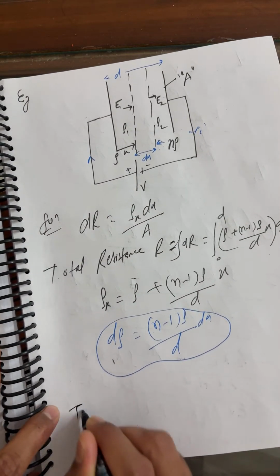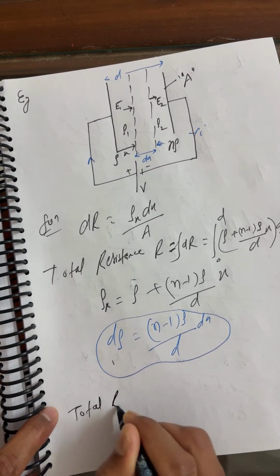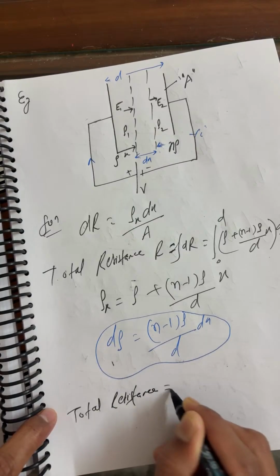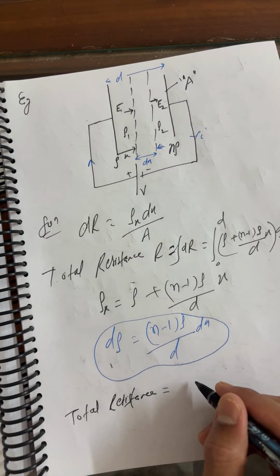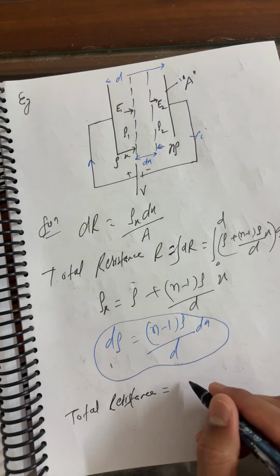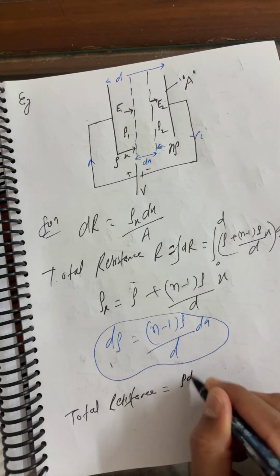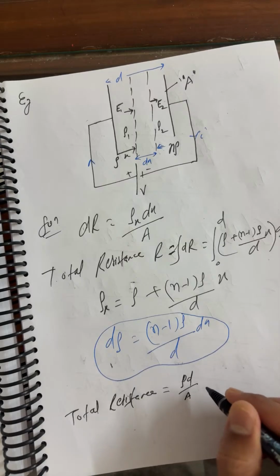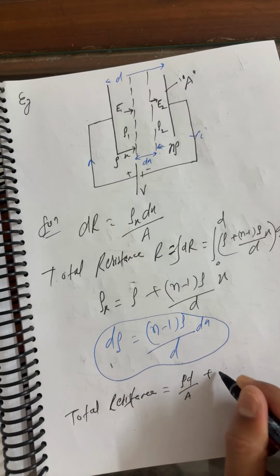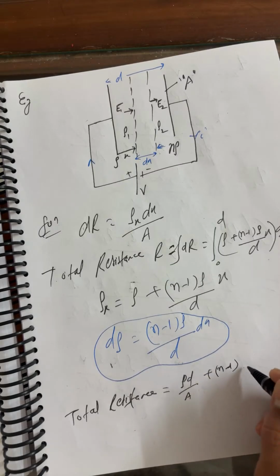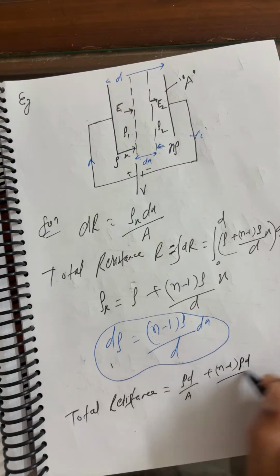So total resistance is ρ d upon A plus (n minus 1) ρ d.